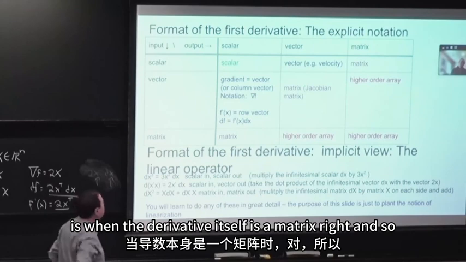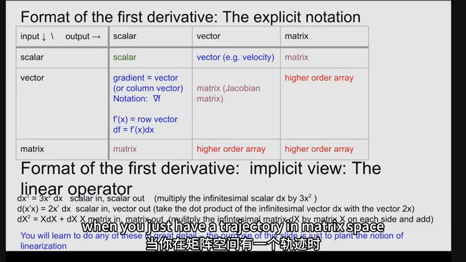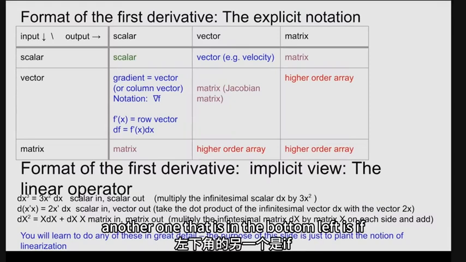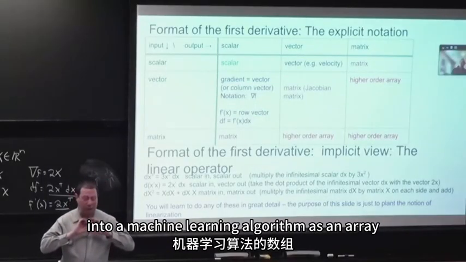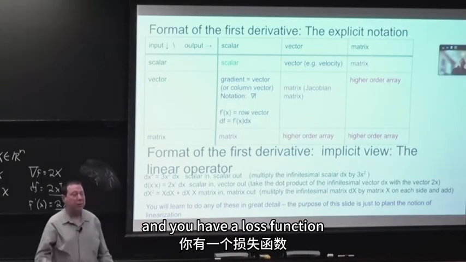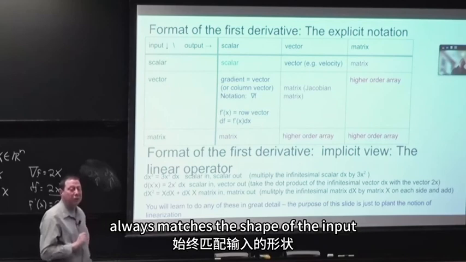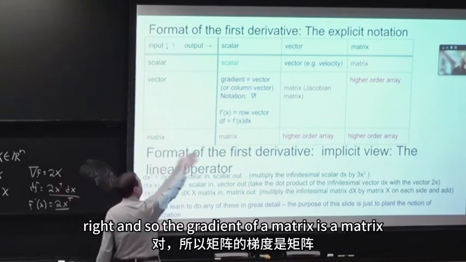One example, in the top right, is a trajectory in matrix space. Another, in the bottom left, is when your parameters come into a machine learning algorithm as an array and you have a loss function. The gradient of a scalar function always matches the shape of the input, so the gradient of a matrix is a matrix.